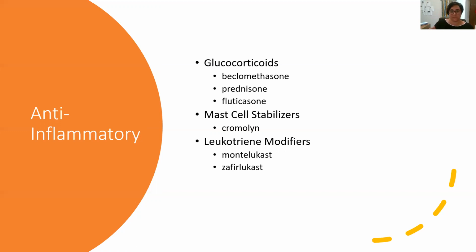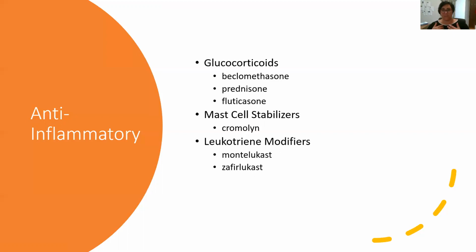Now, more specifically are your mast cell stabilizers and your leukotriene modifiers. Now, these do work in a similar fashion as steroids, but they don't dampen everything. They're very specific to mast cells or leukotrienes where they just affect that part. So they work like antihistamines in order to just inhibit part of the inflammatory response.